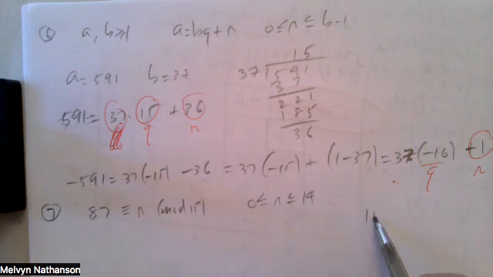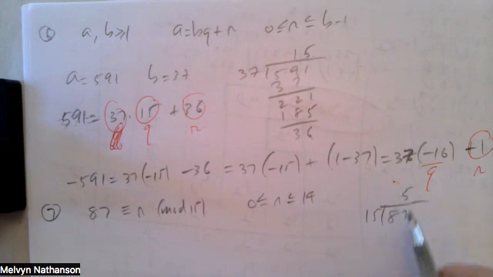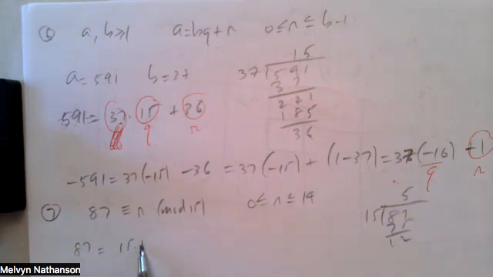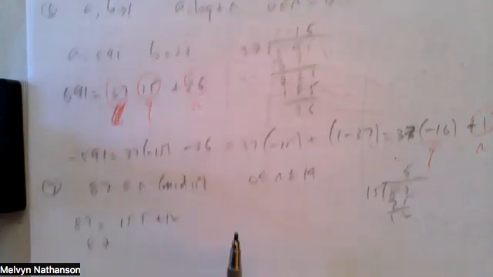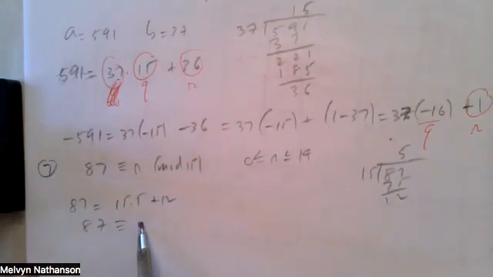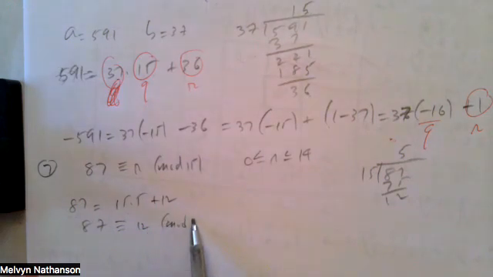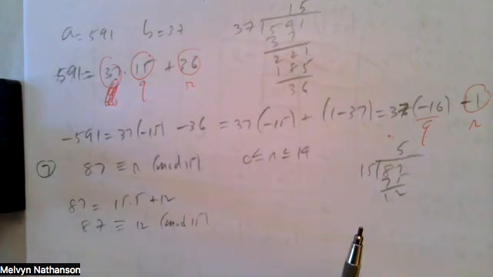If you divide 15 into 87, this goes 5 times and leaves a remainder of 12. 87 is equal to 15 times 5 plus 12. So 87 is congruent to 12 mod 15.